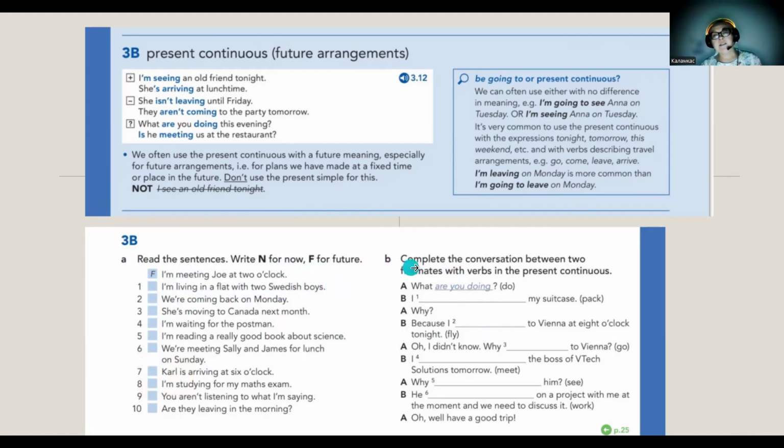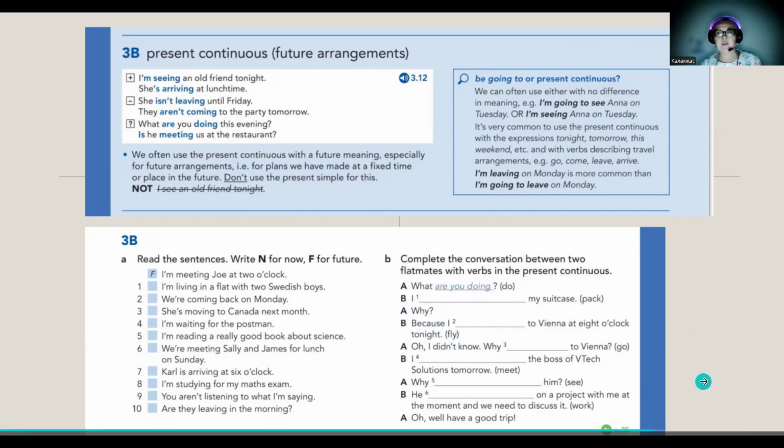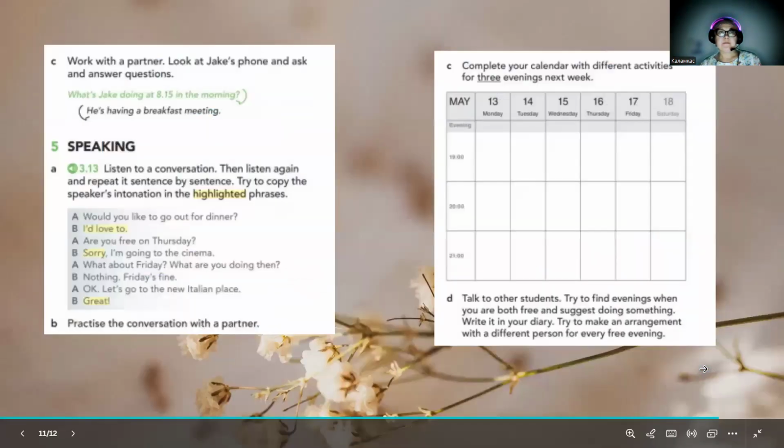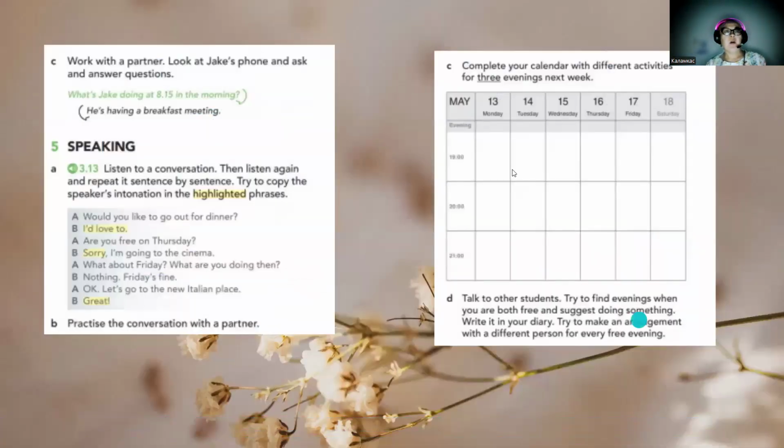The next task is complete the conversation between two flatmates with verbs in the present continuous. What are you doing? I am packing my suitcase. Why? Because, and please continue. So work with a partner.